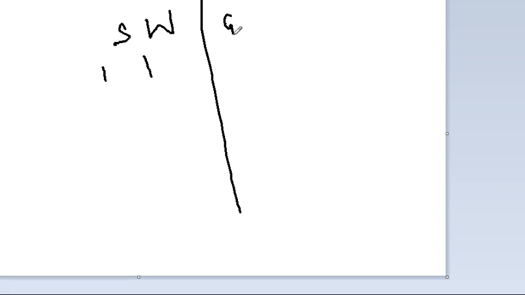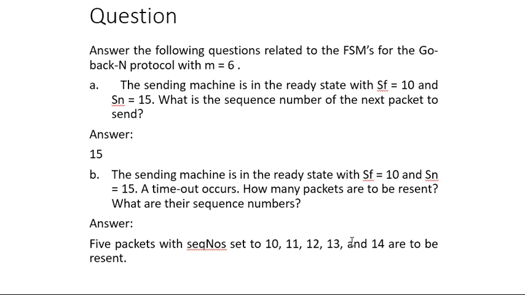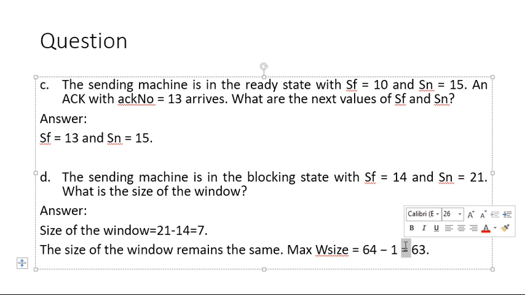For Go-Back-N, sender window is 2 to the power M minus 1 and receiver window is 1. For selective repeat, both windows are 2 to the power M by 2. The value of M is 6, so 2 to the power 6 is 64 minus 1, which is 63. So the maximum size of window is 63 here.